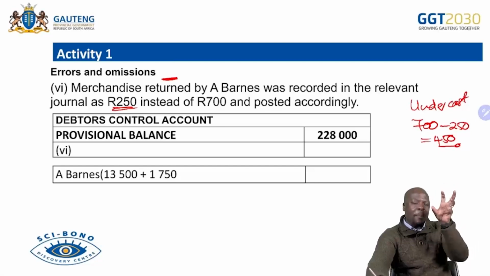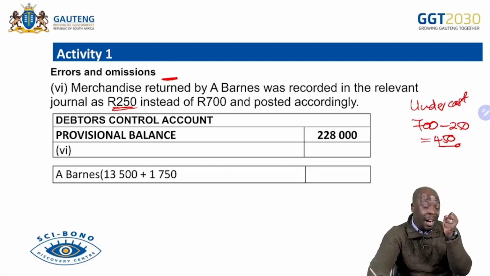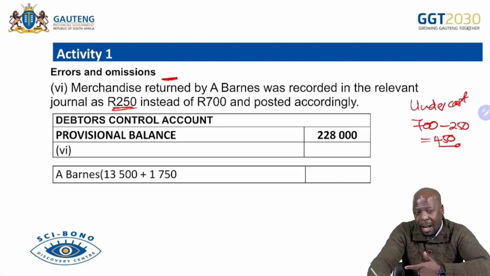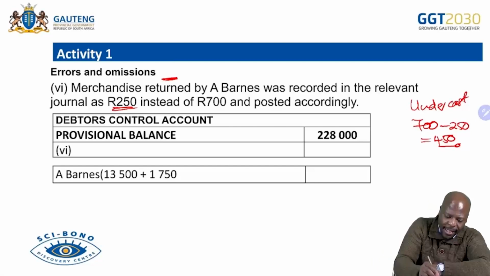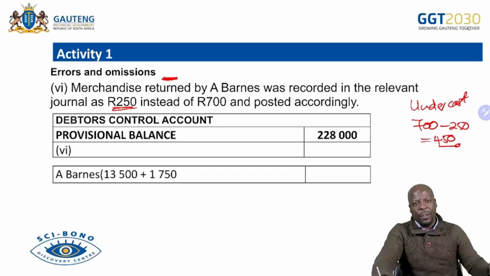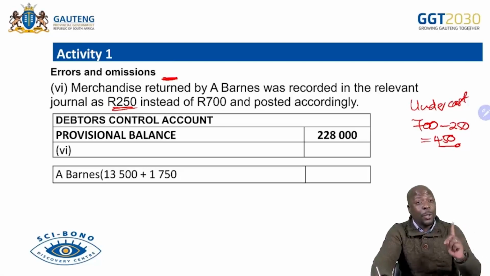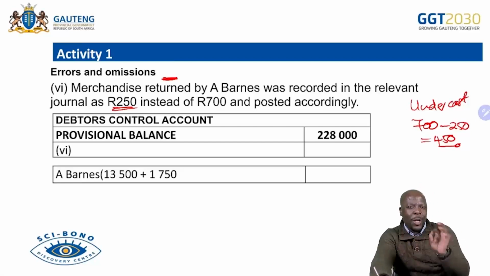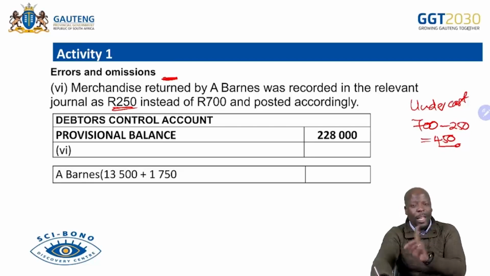So once an error happens in the journal, it's going to affect both the control and the list. You're correct. So both our control and our list will be understated by 450. But the key is, if goods are returned, what is the sign? The sign is a minus. What does that mean then? We subtracted 250 when we were supposed to subtract 700. Get this right. How much were we supposed to subtract? 700. So if we're to get to 700, that means we need to go and subtract more. Don't make a mistake of adding.